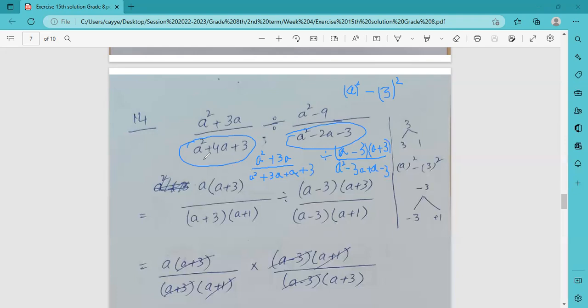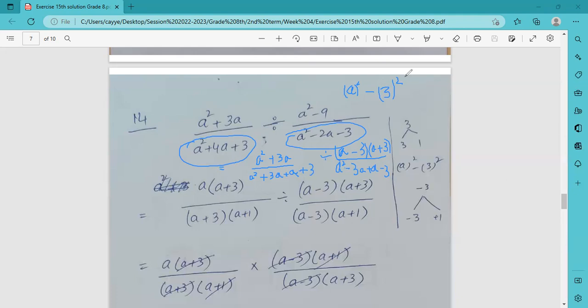Now, this is the second step that is not mentioned here, but I am writing. This is the third step. In the third step, what we are doing, we are taking the common out. A plus a is taking out common, a plus 3 taking out common from the first two terms. This is a plus 3 and a plus 1. So the same one, the second one, we are doing the same, a minus 3 and a plus 1.